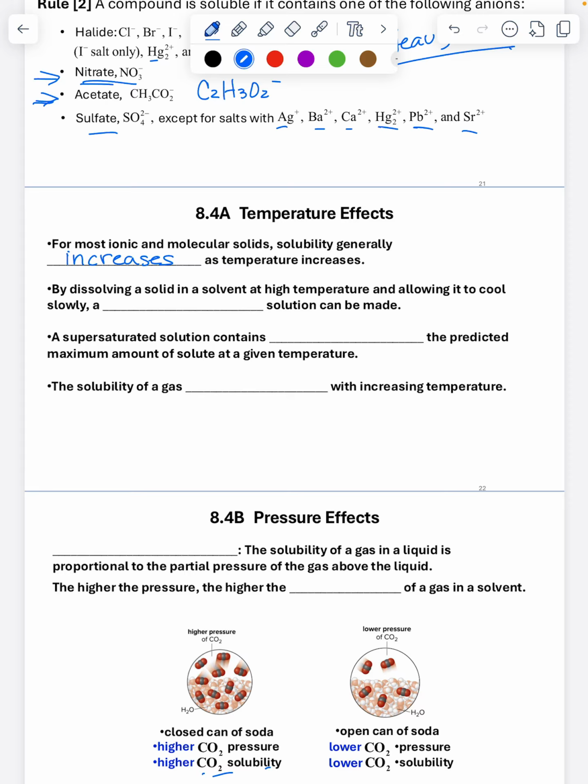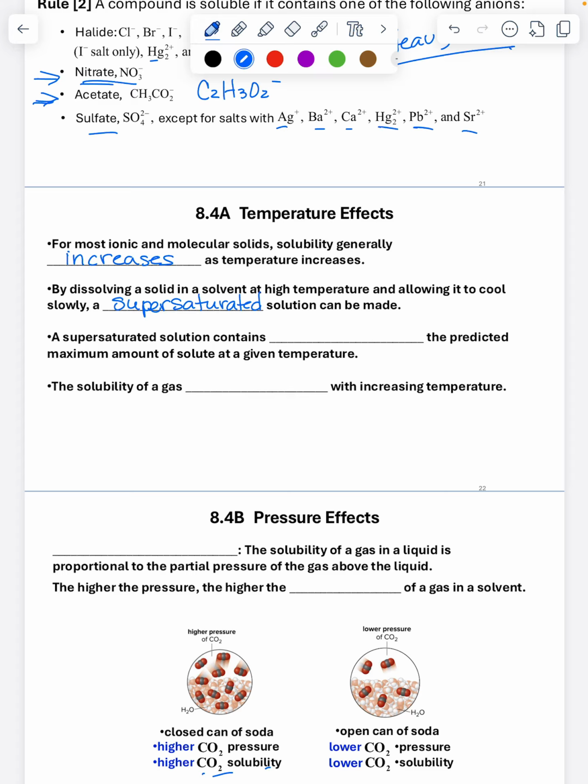By dissolving a solid in a solvent at high temperatures and then allowing it to cool slowly, you can achieve what's called a supersaturated solution. You may have seen the candy called rock candy. A lot of times you'll see that the sugar is stuck to a popsicle stick or some kind of stick or string.